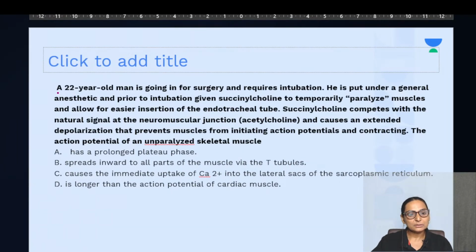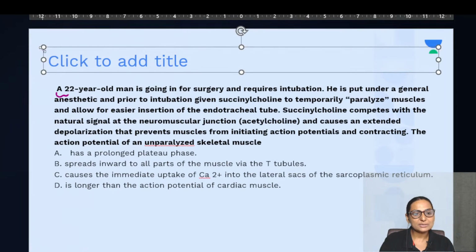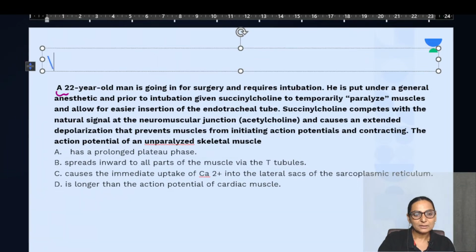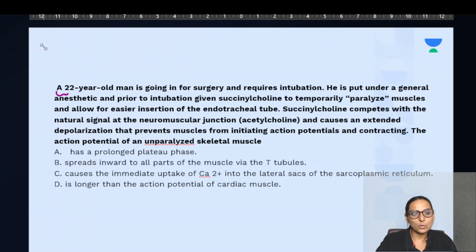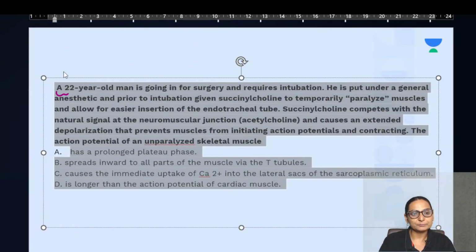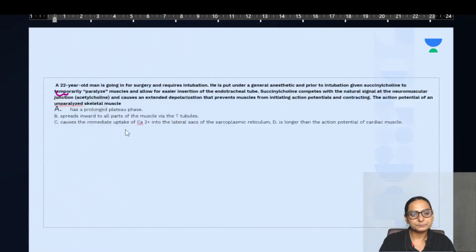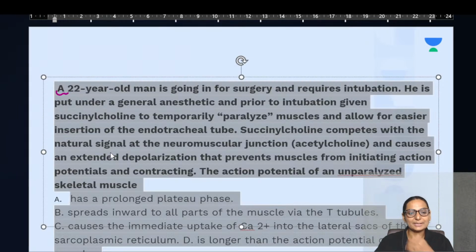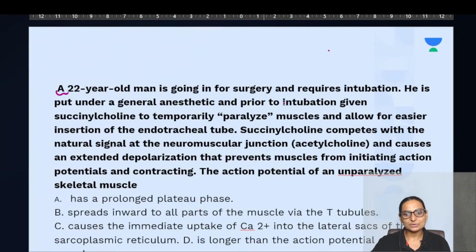Now, a 62-year-old man is going for surgery and requires intubation.